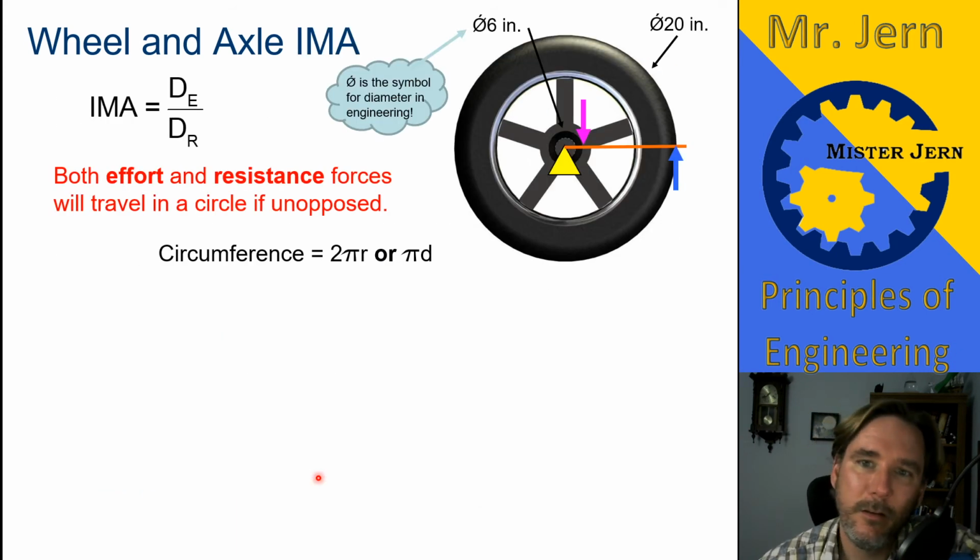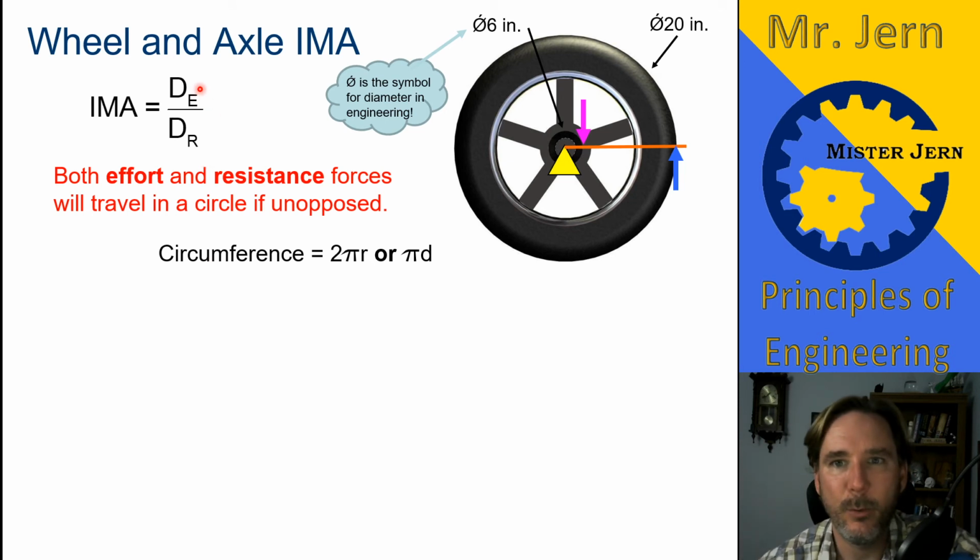So how do we do the calculations? Because that's what this is all about. The wheel and axle IMA, the ideal mechanical advantage, just like before, is effort distance divided by resistance distance, okay? But you do have to know which is the effort and which is the resistance. So again, just like our example before, we have our circumference. It would just keep spinning if we didn't oppose it.